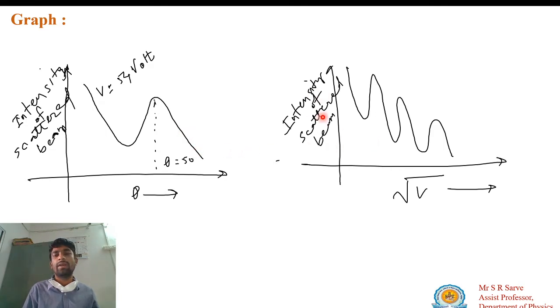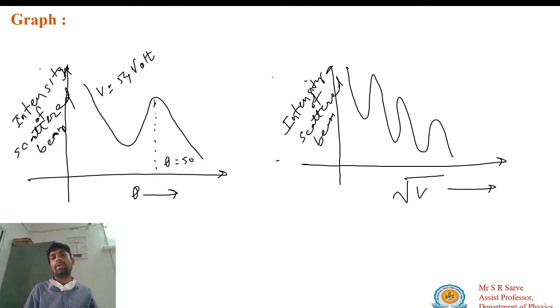Similarly, when the graph of intensity of radiation with respect to the potential is plotted, continuously a maxima and minima is observed.